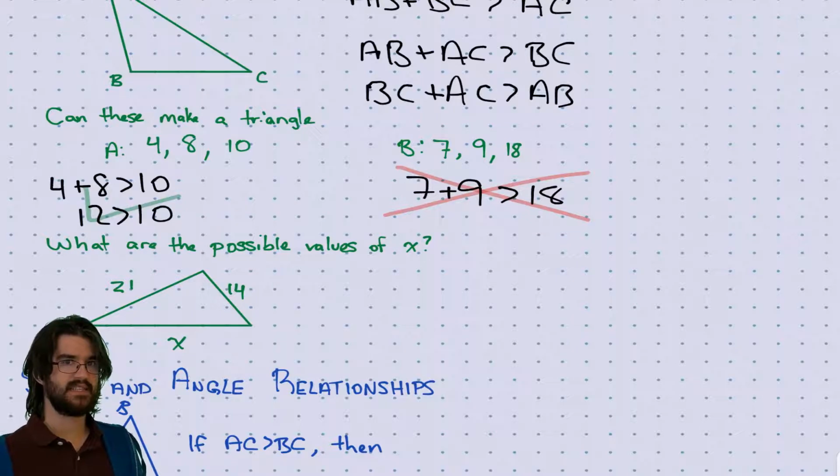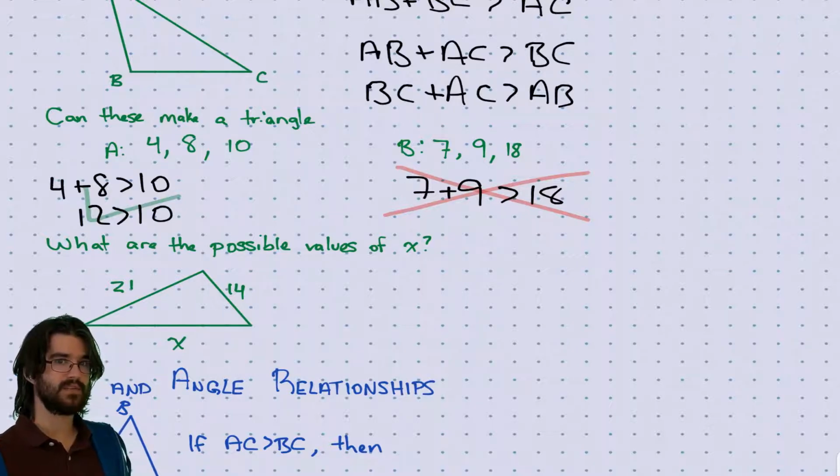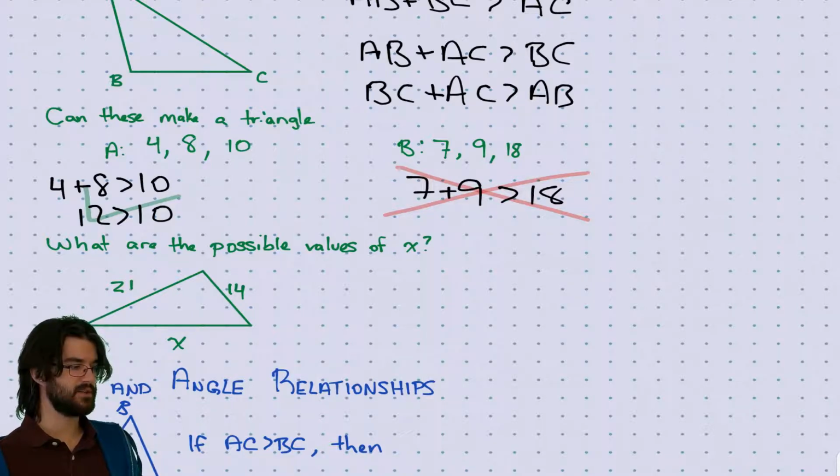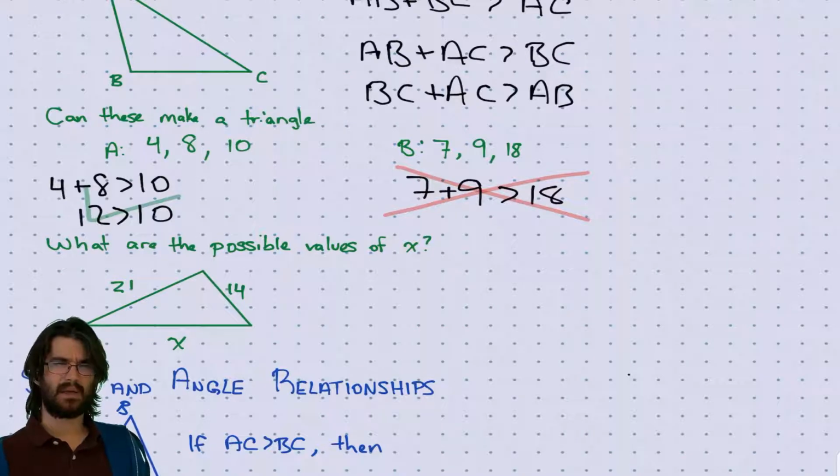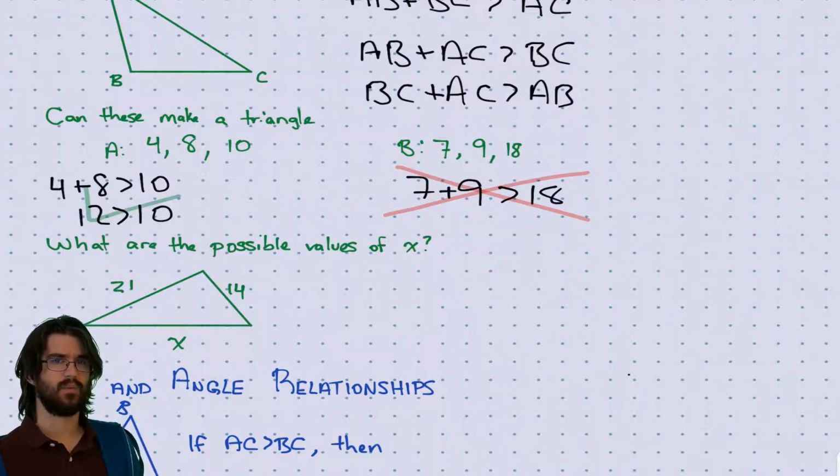We can also use this idea to determine what the third side of a triangle might be. So here we have a triangle that has a side length of 21 and a side length of 14. I won't be able to figure out exactly what my missing side is, but I can at least tell what it could be, what its range of values is.